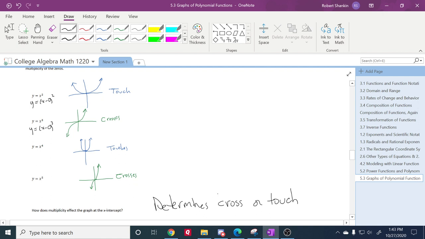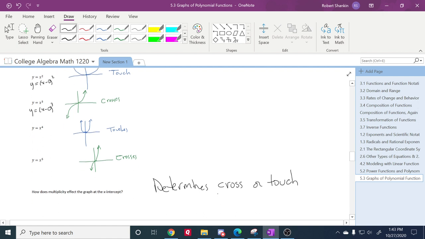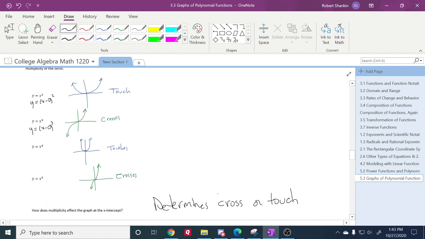Okay, now that's an excellent start. Can we add anything more to this? Can we say something about when it's a cross and when it's a touch? I'll open up the floor to anybody. When is it a cross and when is it a touch? I think when it's even and when it's odd determines when it touches.